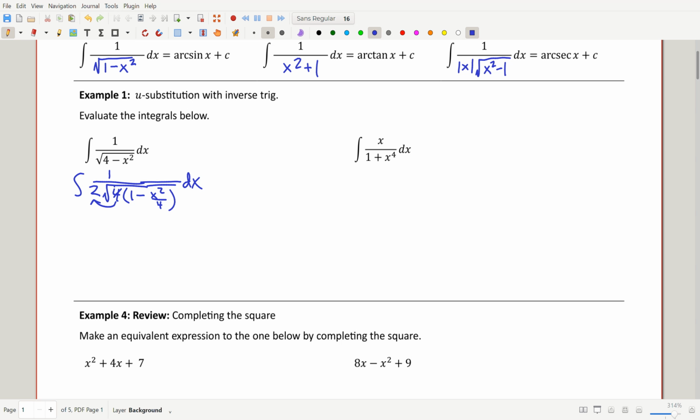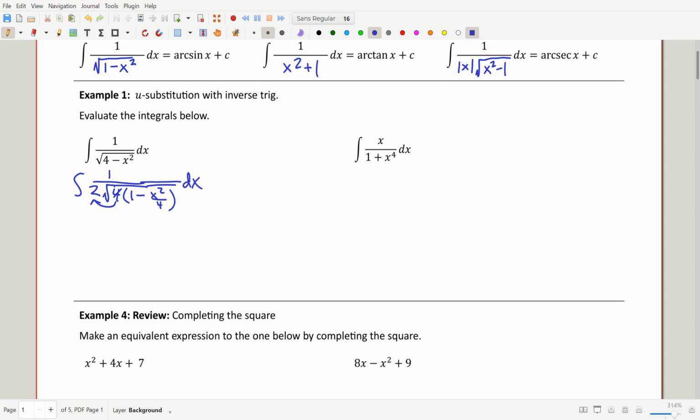If you see a coefficient being multiplied, you're thinking we may not need this, it might just be a coefficient, so I can bring it out. It is going to turn out, when we do the u substitution, that the 2 is actually just going to disappear. We'll see why. But I have the square root of 1 minus something squared.